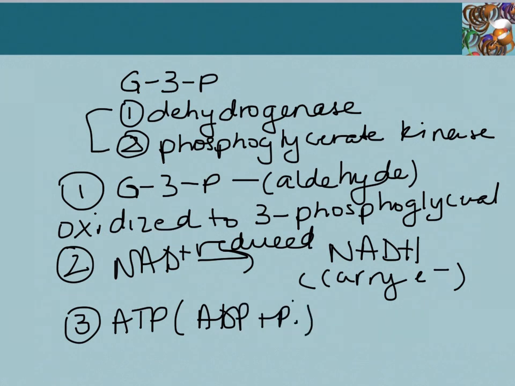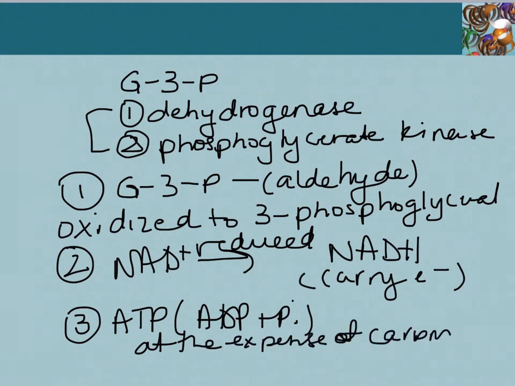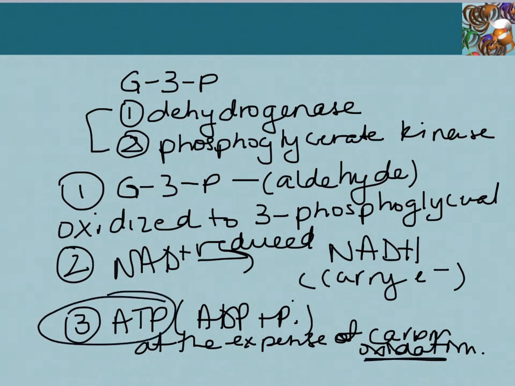And this was at the expense of carbon oxidation. So I should have stated this in the beginning, but glycolysis is a catabolic pathway, and we're oxidizing carbon. We're oxidizing carbon to produce ATP.